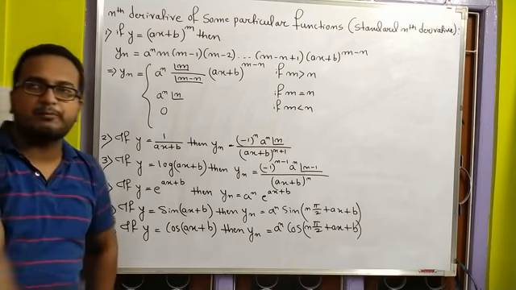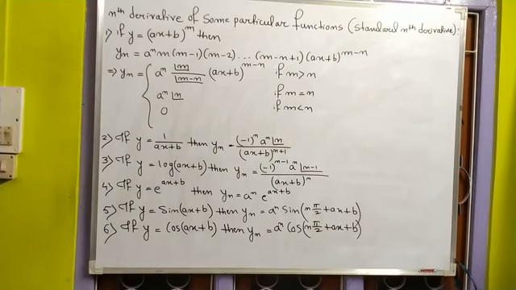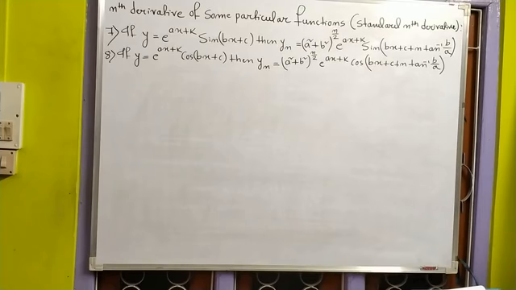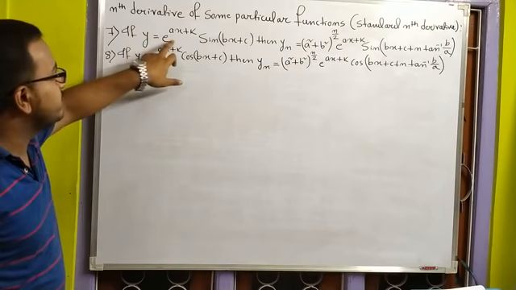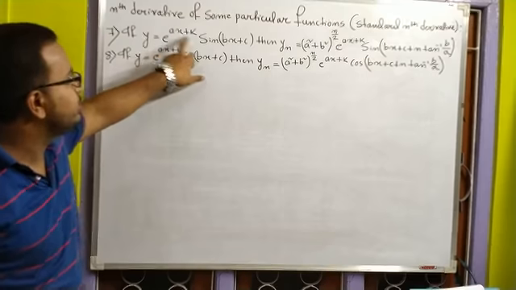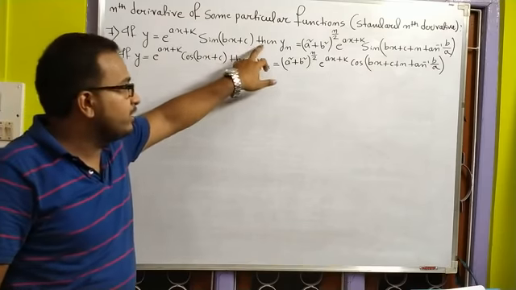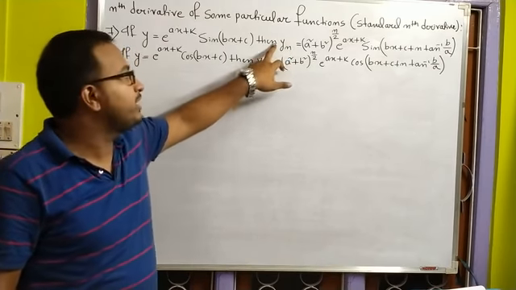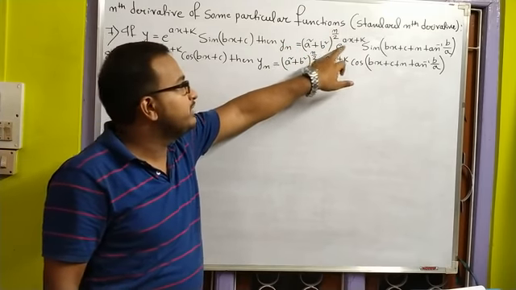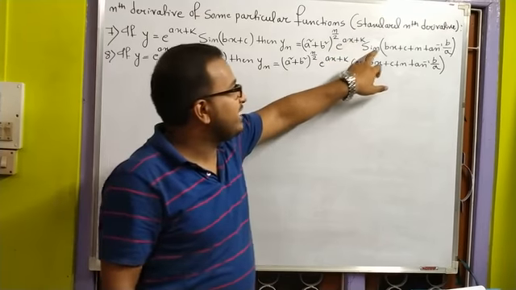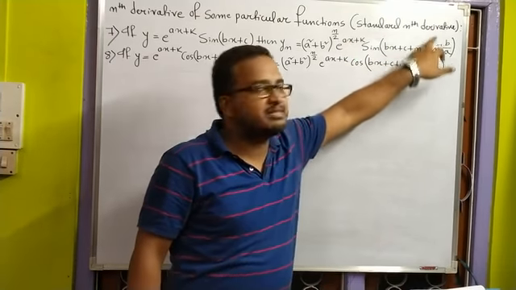So let me write. So before that, pause the video, note it down. So these are the two remaining results. Number 7 is, if y equals to e to the power (ax plus k) into sin(bx plus c), then yn, the nth derivative of y, will be (a square plus b square) to the power n by 2 into e to the power (ax plus k) into sin(bx plus c plus n tan inverse b by a).